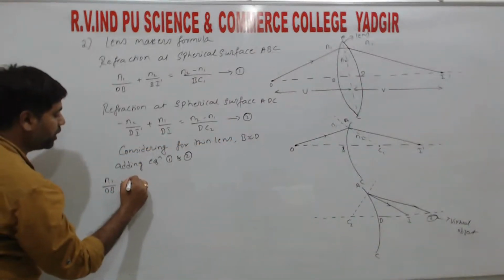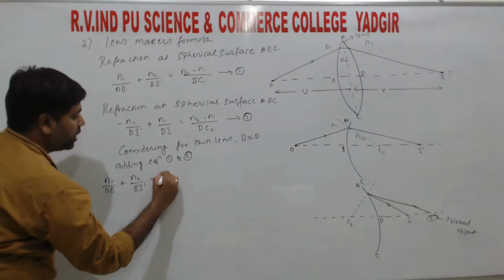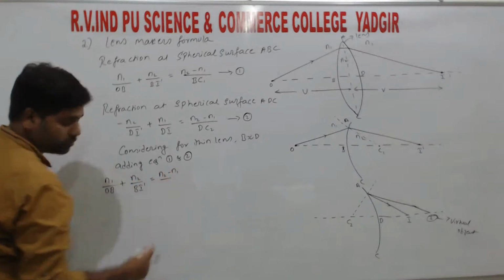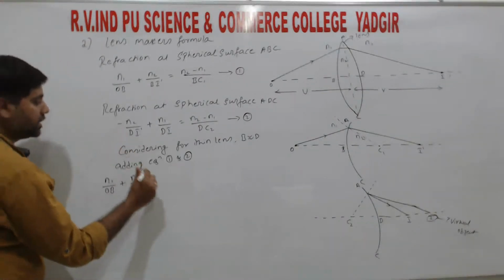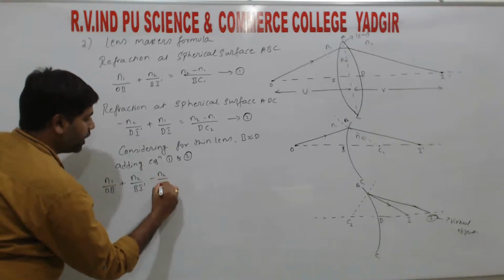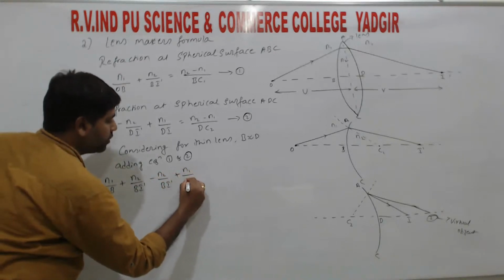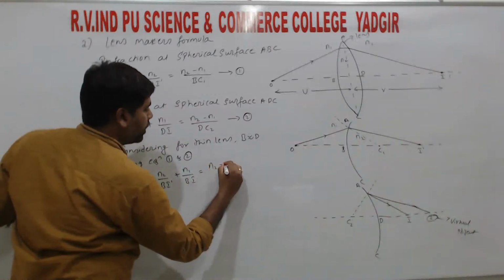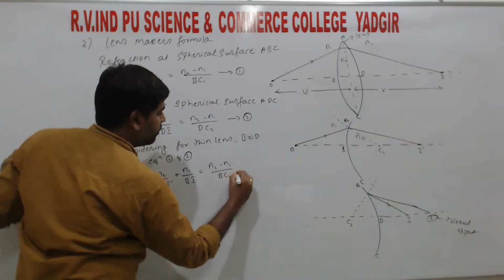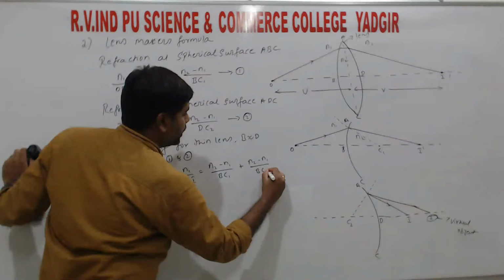So n1 by ob plus n2 divided by bi dash, plus, multiplying plus into minus gives minus n2 by bi dash plus n1 by bi, equals n2 minus n1 by bc1 plus n2 minus n1 divided by bc.